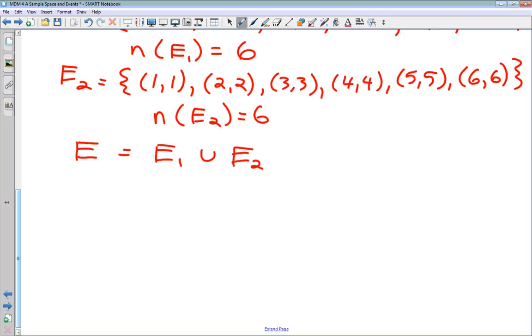We want E1 or E2. So the number of ways that they can win, which is what we're interested in here, cardinality of E, is going to be the number of elements in E1 union E2.